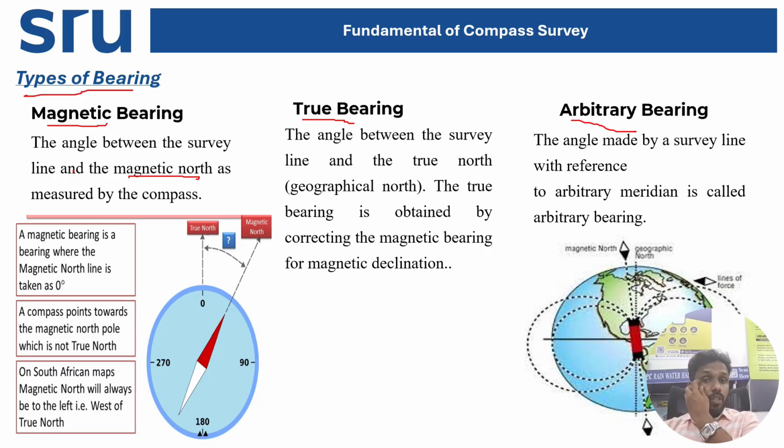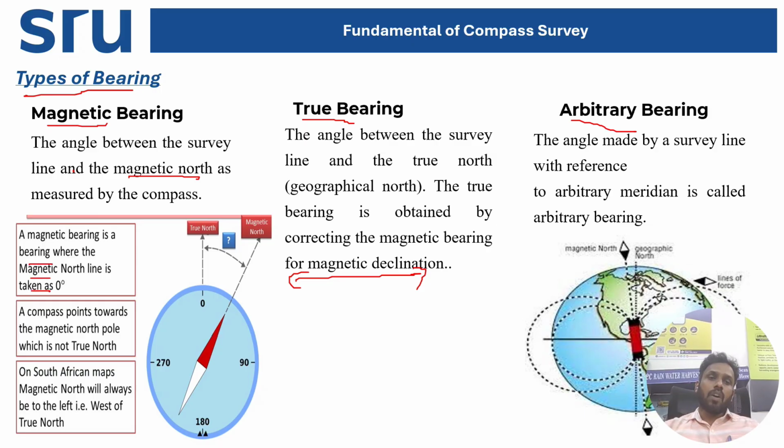The true bearing is obtained by correcting the magnetic bearing for the magnetic declination. This magnetic declination happens due to some object which is attracted by your magnet. Your magnetic needle will be deviated due to some magnetic object surrounding it, which leads to magnetic declination, right? So this has to be corrected. Magnetic bearing is a bearing where your magnetic north is taken as 0 degrees.